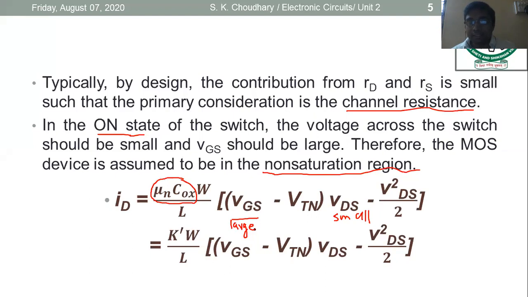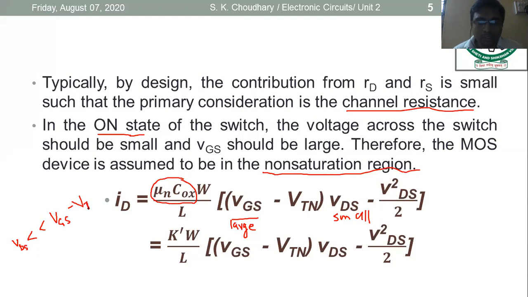But if you want to consider that your transistor is biased in the deep linear region, then you can assume VDS is very much smaller than VGS minus VTN.